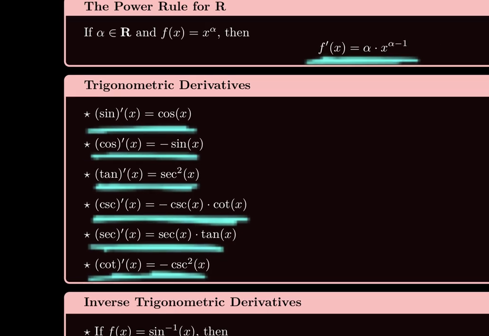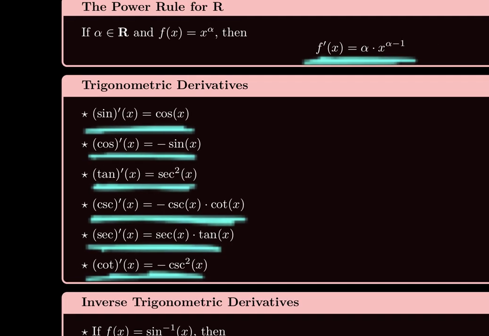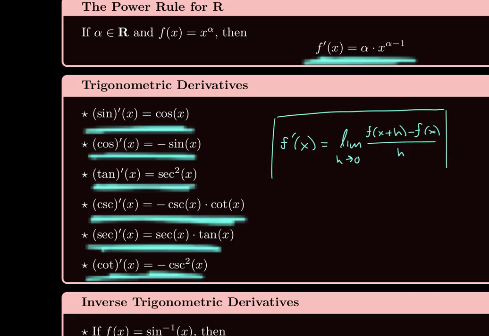And we also have famous trigonometric derivatives. We really used the derivative definition for these. In other words, we used the fact that f prime of x is equal to the limit as h approaches 0 of f of x plus h minus f of x all divided by h. If there was something for you guys to remember in this class, it honestly would be that definition and the equivalent definition.